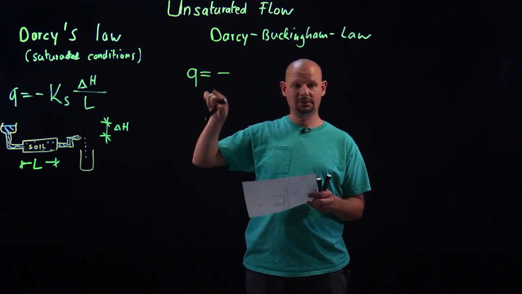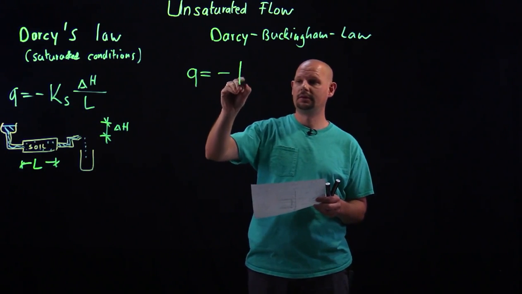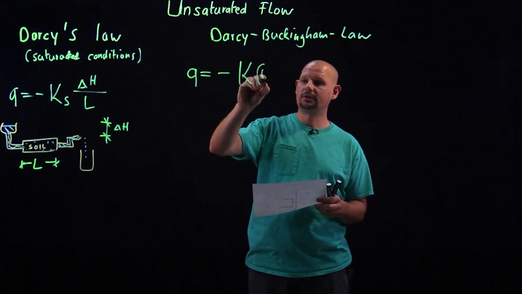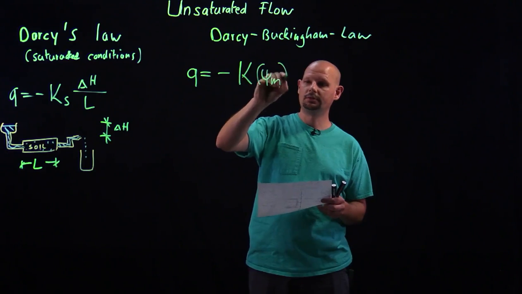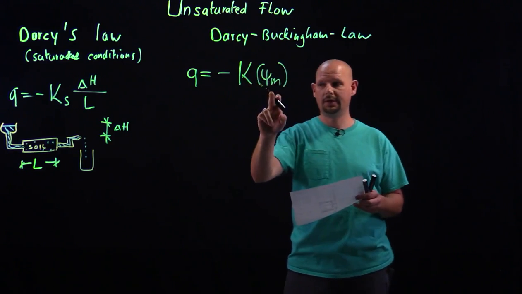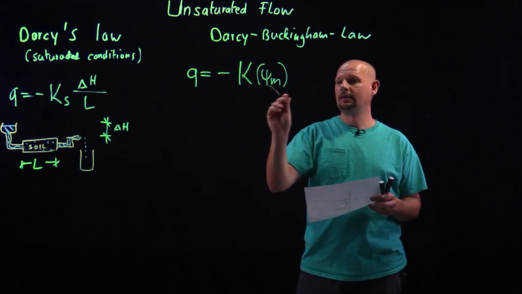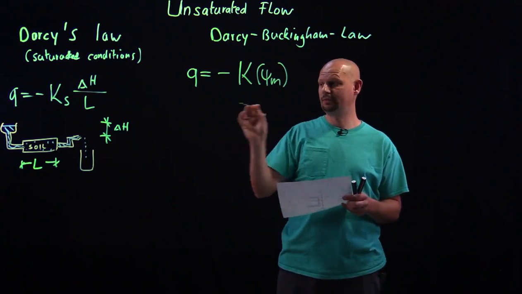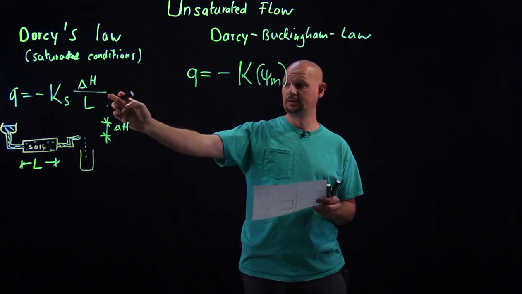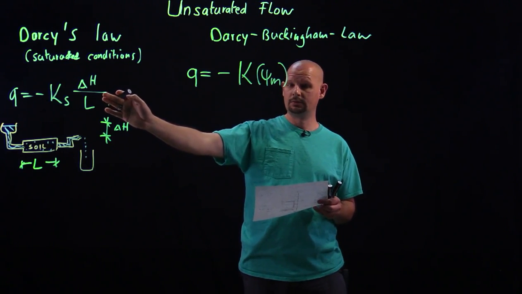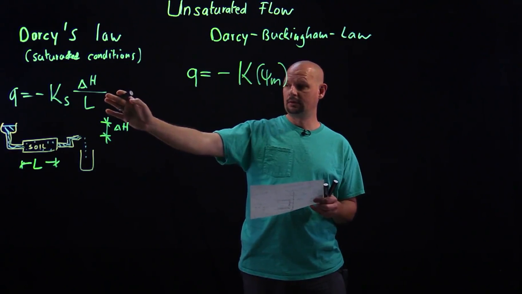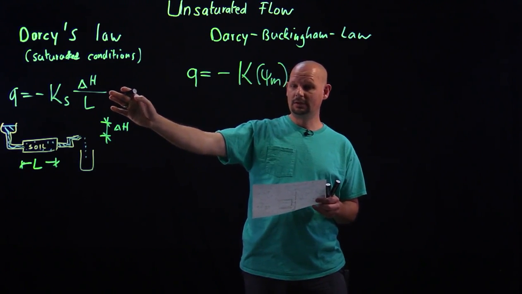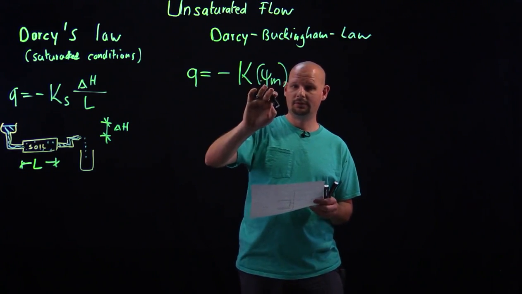If the soil becomes unsaturated, the hydraulic conductivity actually becomes a function of the matric potential. So we need to take care of that. And then we now have to deal with two different gradients. So there's the gradient in terms of the gravity, and then there's the gradient of the matric potential.